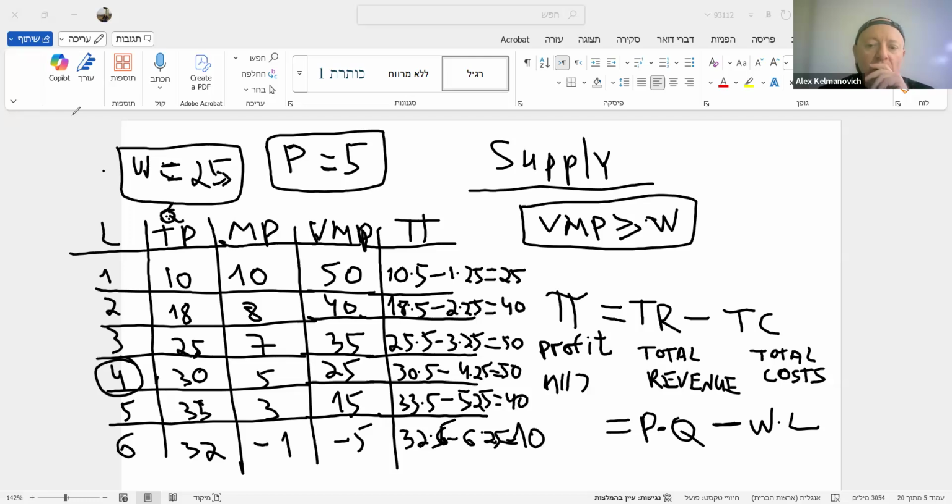Now, let's remain with the same example, but let's suppose that we have an additional cost, the rent cost.